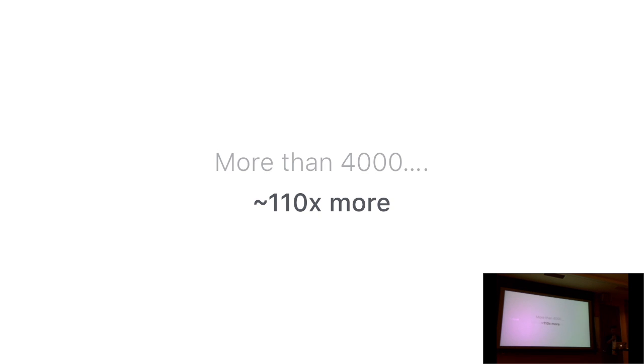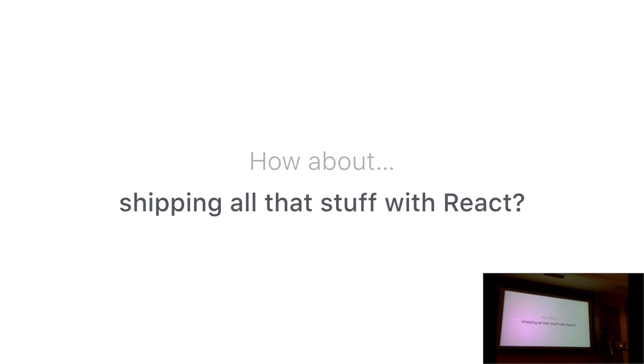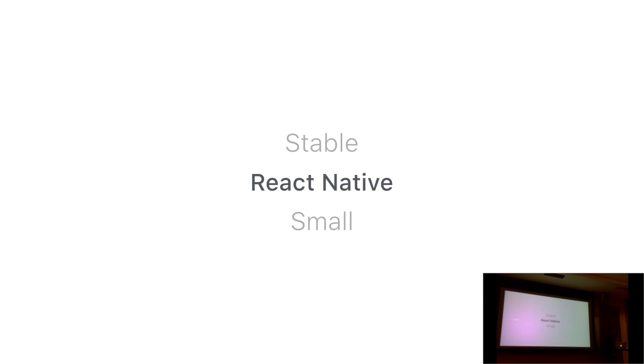And now the question is, does it even make sense to ship that stuff with React Native, so that we can build all these crazy things just with JavaScript? Well, the answer is no, because what matters to us is stability. We bet on React Native because we are looking for better solutions to writing cross-platform apps, right?